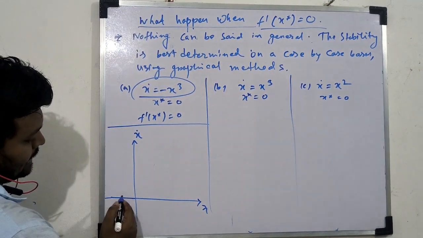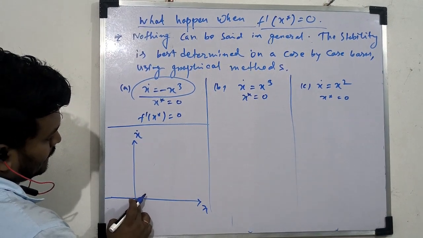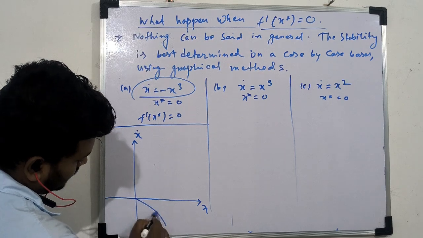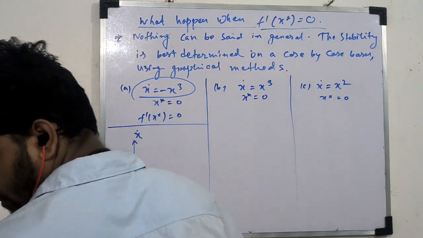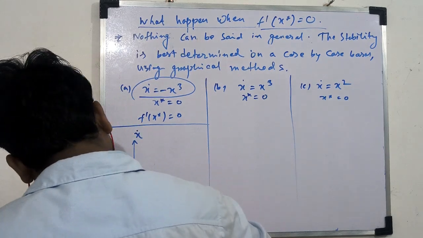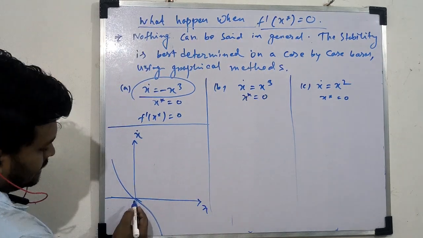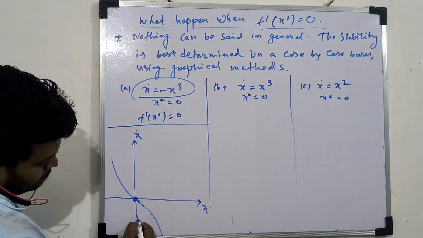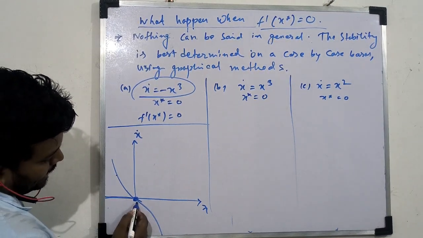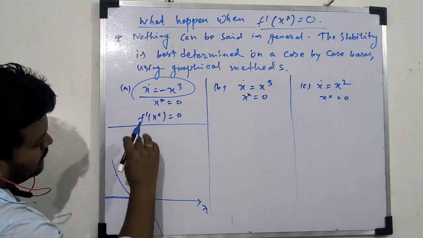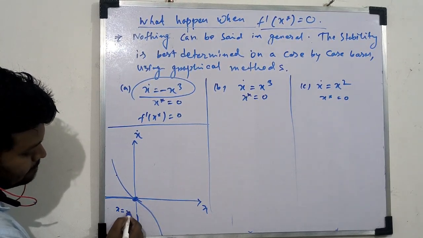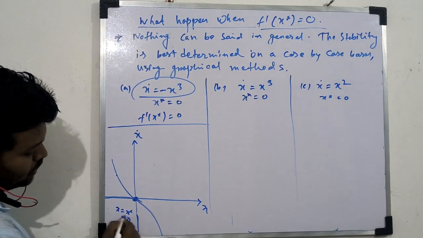The function will look like this. So this is the equilibrium point. When x is negative, x dot is positive. When x is positive, x dot will be negative. So these are the equilibrium points, x dot equal to 0.